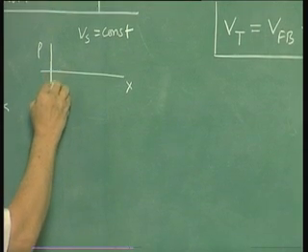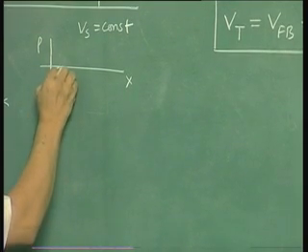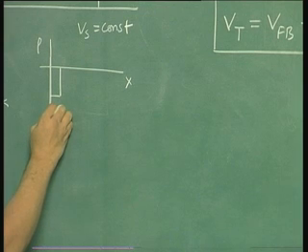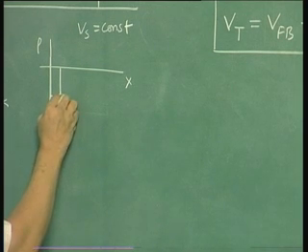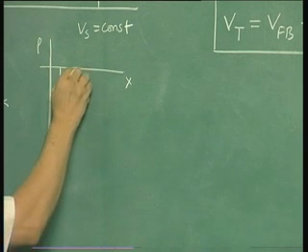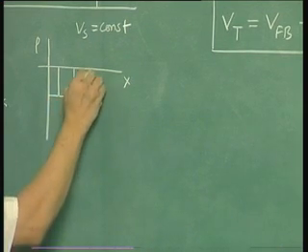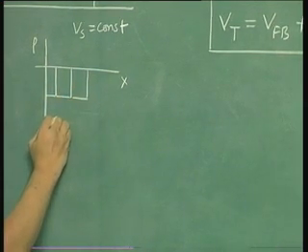Here you have a depletion layer like this to start with for one value of Vg, you go on increasing your Vg, and the depletion region expands until you come to threshold.